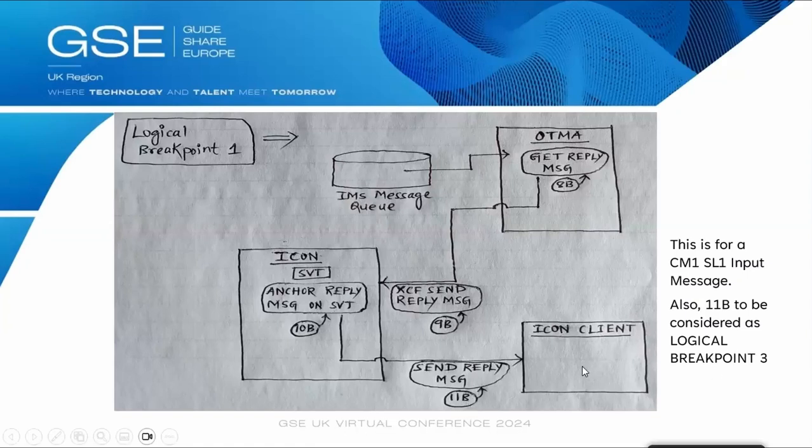Now, two options can branch out from logical breakpoint 3. The IMS Connect client can send to IMS Connect either an ACK message or a NAC message. These are the two routes that can go out from logical breakpoint 3.